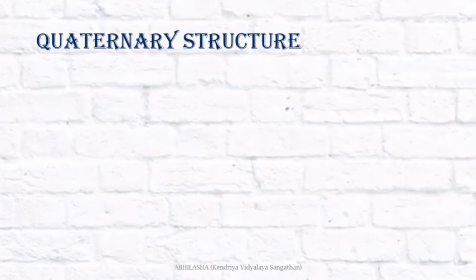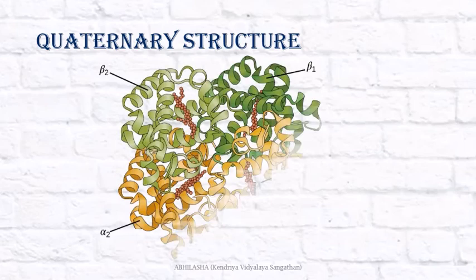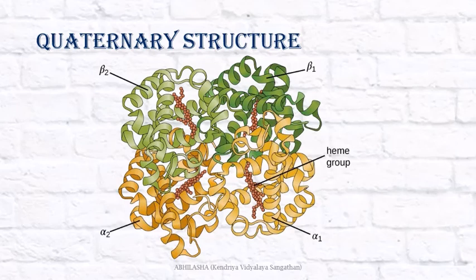Some proteins are made of more than one polypeptide unit. Each of these polypeptides is known as a subunit. These subunits are arranged in a specific manner with precise orientation in space. This specific architecture of protein is known as the quaternary structure. As you can see here, adult hemoglobin contains 4 subunits.